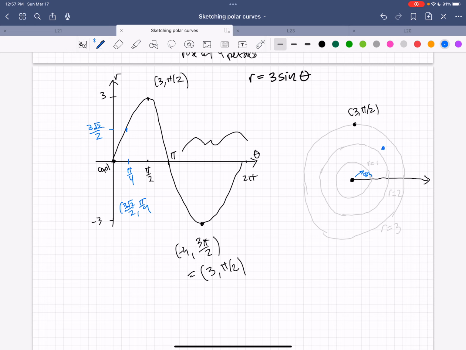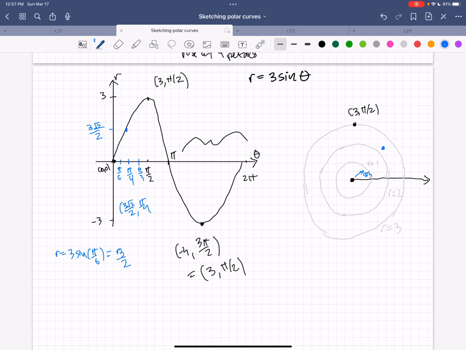Okay. Now let's do some more angles that are in between. So here, let's say we're doing pi over 6, and let's also do pi over 3. So r is equal to 3 sine theta. Then that means that at pi over 6, r is 3 over 2.